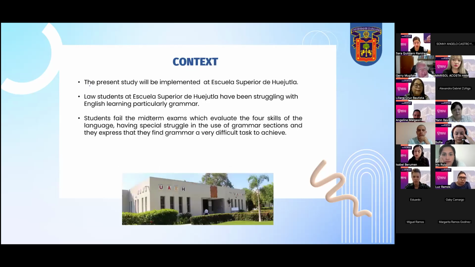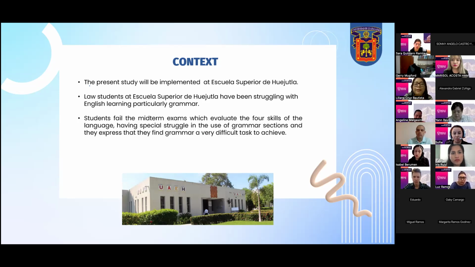My context is that this research is going to be implemented at my institution, Escuela Superior de Huejutla. We have different majors, and we have observed that the students enrolled in the law major always struggle in general when they are learning English, but they particularly express that when it comes to the grammar part, they don't understand, or they find it difficult to remember the rules when they are asked to perform different exercises or to produce the language.